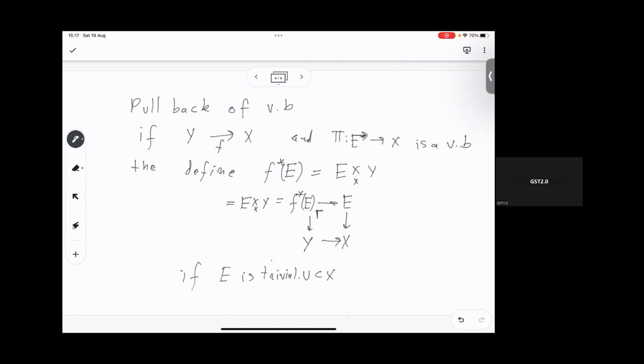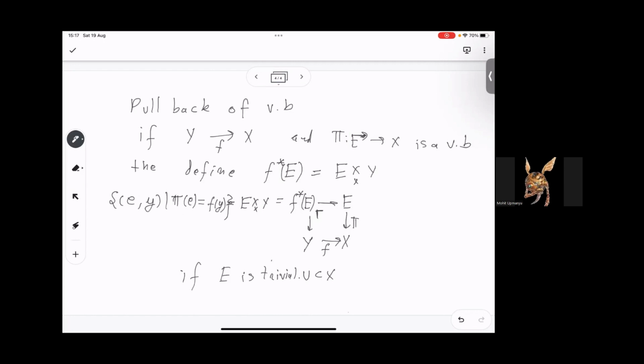Maybe briefly. Okay, sure. I'll just write the definition. It's the set of all points (x, e, y) such that, what were the names of the maps, f and pi, right? So pi of e is equal to f of y.